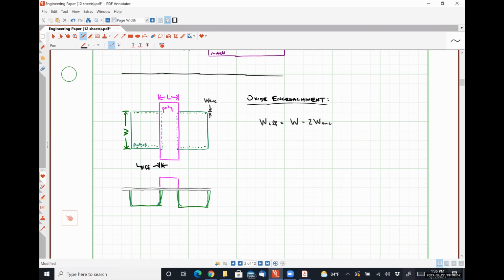If there's only 1 point of contact, anything that goes wrong makes it fail. So having it 10 lambda wide, or 3 microns wide, allows us 2 points of contact, or two spaces to reach the contact layer, so we can get signals on and off of it. But we're still talking on the order of tens of nanometers of encroachment here.